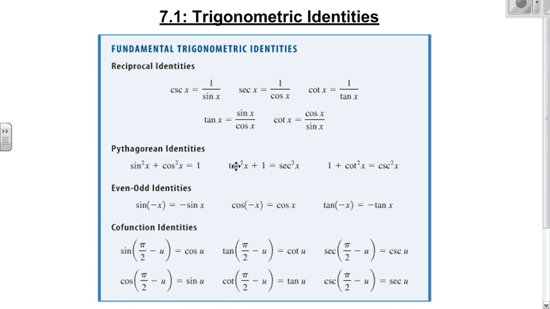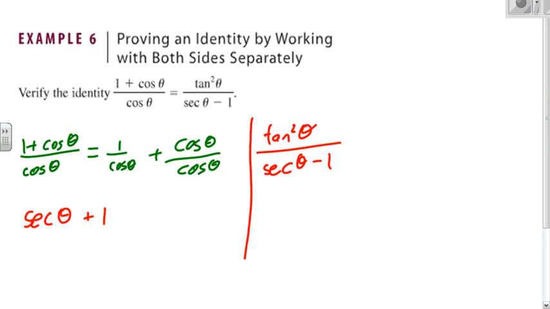So let's go ahead and take this Pythagorean identity and replace tangent squared with secant squared minus 1. Tangent squared, replace that with secant squared minus 1 over secant minus 1.